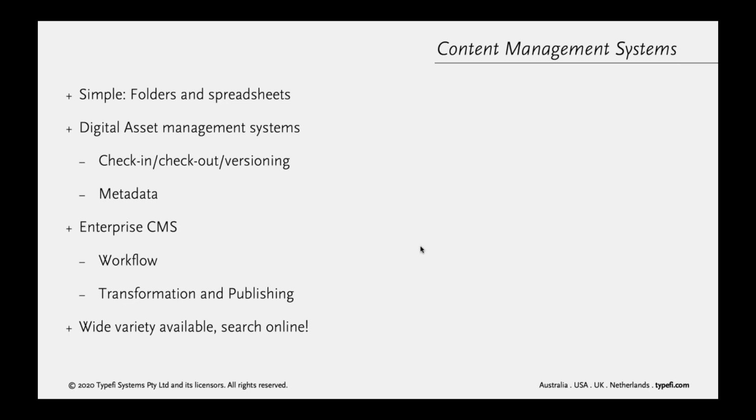The very simplest content management technique, which you're probably already doing, is getting your files and folders organized. One broad class of systems is digital assets management, or DAM systems. These generally focus on file management and offer functionality such as file check in and check out, versioning, and the ability to add metadata.